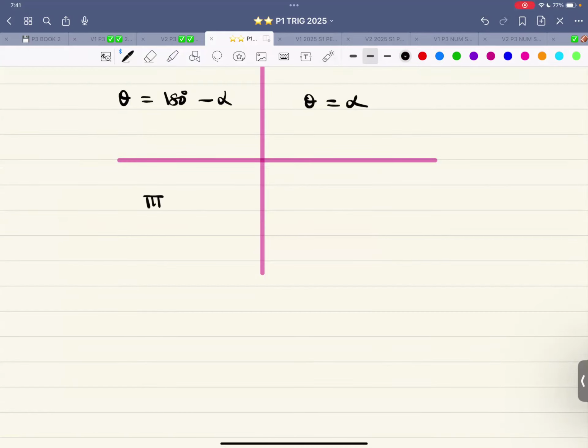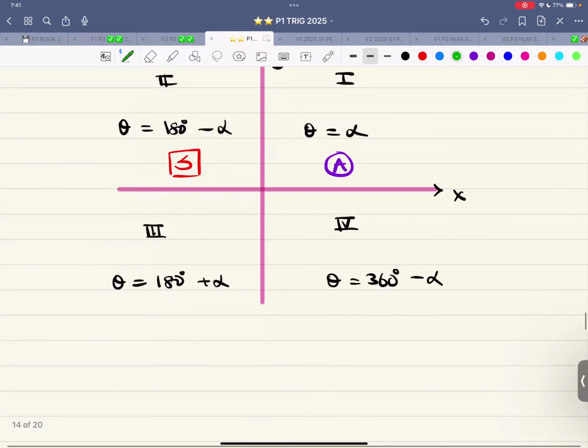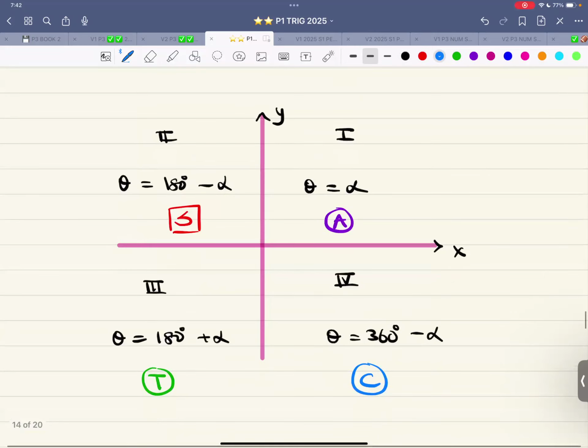In the third quadrant, theta is 180 plus alpha. In the fourth quadrant, theta is 360 minus alpha. There is no mention of 270 degrees. And don't forget, all three trig ratios are positive in the first; only sine is positive in the second; only tangent is positive in the third; only cosine is positive in the fourth. That is the summary of all we have done till now.